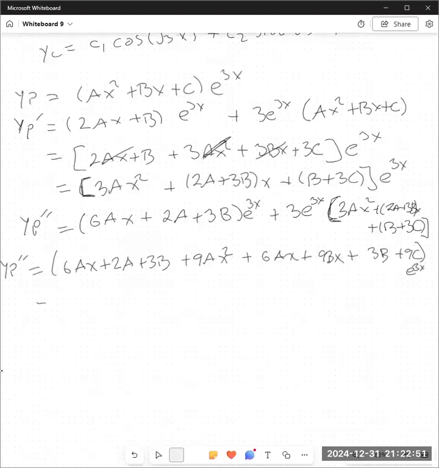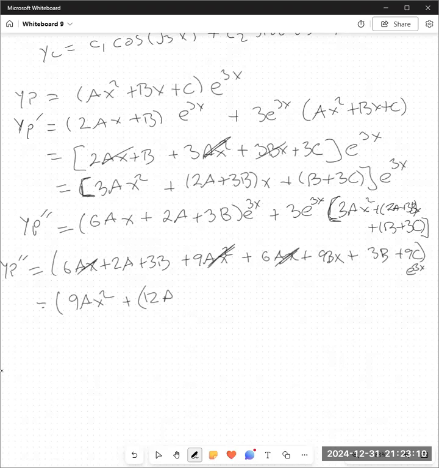Combine my like terms and write in descending order. So I have 9ax squared plus, and then my 6ax and my 6ax is 12ax, 9bx, and then I have 2a plus 3b, and 3b is 6b, plus 9c, e to the 3x.